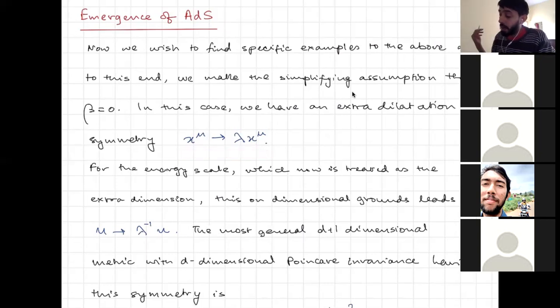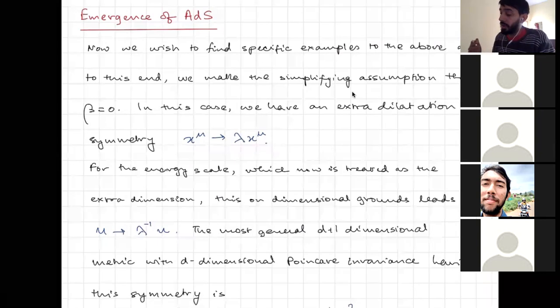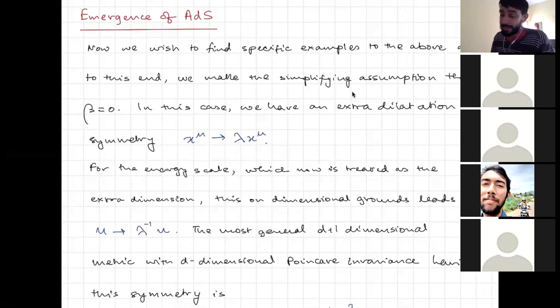If you are looking at dimensions, the energy now just scales as u going to lambda inverse of u. Now remember, what do we have to do? We have to find out some particular theory which at constant u is going to give back your quantum field theory on a flat space-time.